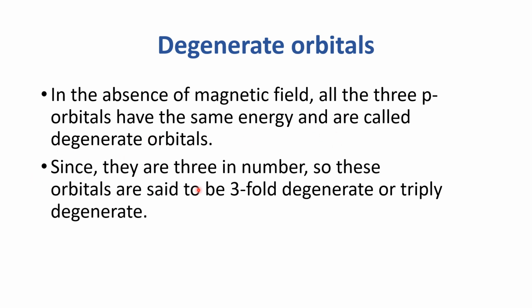Since they are 3 in number, so these orbitals are said to be threefold degenerate or triply degenerate orbitals. चूंकि p orbitals तीन होते हैं, px, py, pz, so we call them threefold degenerate or triply degenerate orbitals.